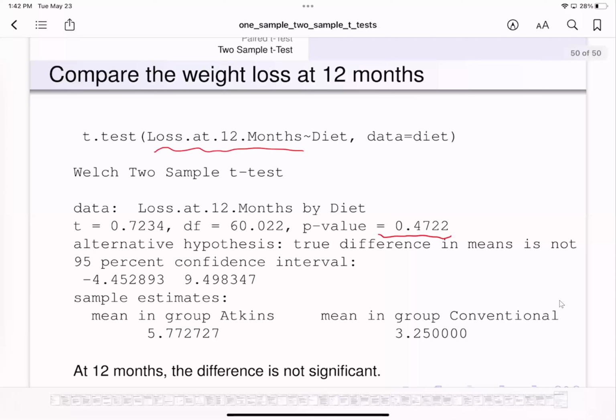You compute the p-value based on that t distribution, and again, we reject the null hypothesis if the p-value is less than the significance level. And if the p-value is bigger than the significance level, we do not reject the null hypothesis. So that's about this two-sample t-test.